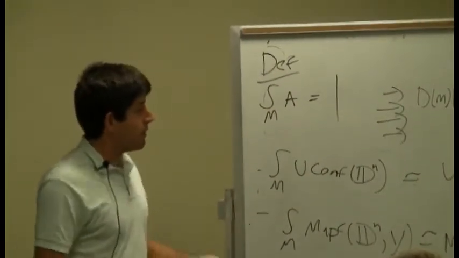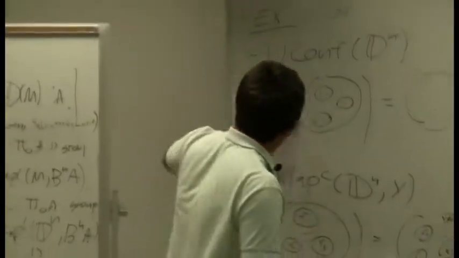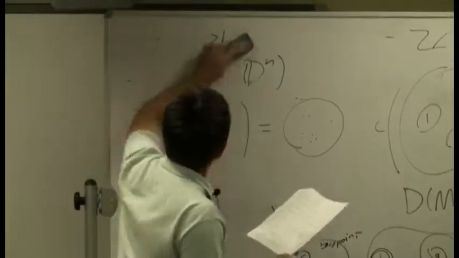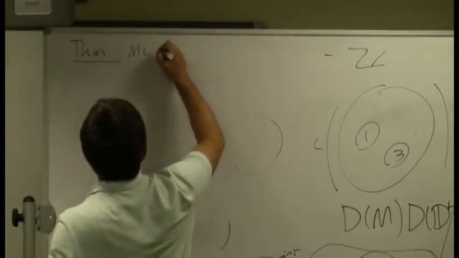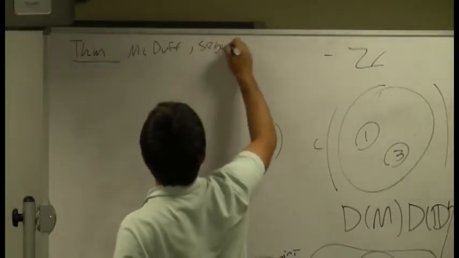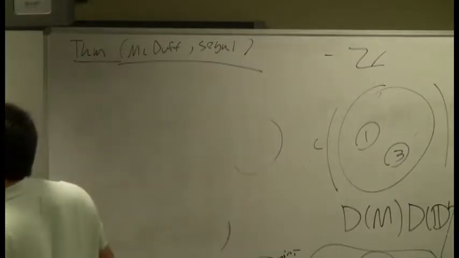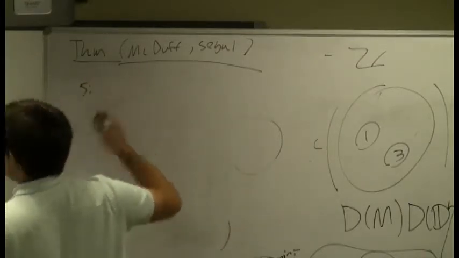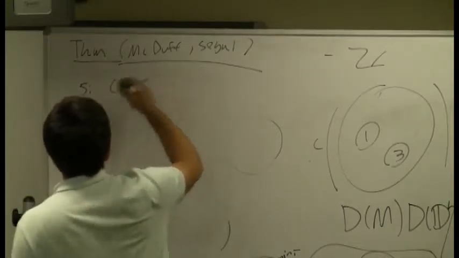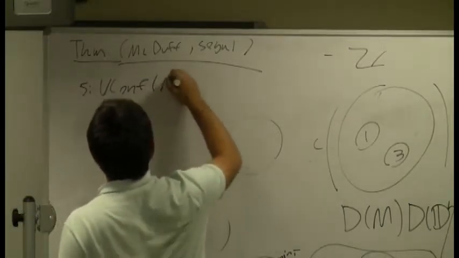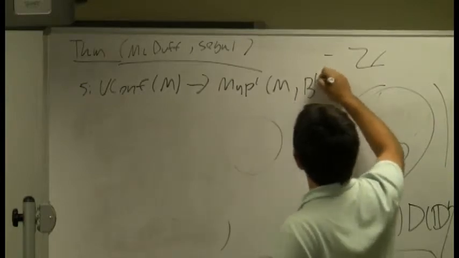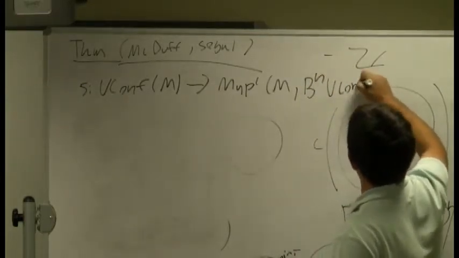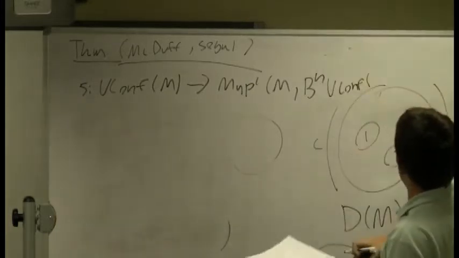Dold and McDuff and Graham Segal have a theorem, or combining two papers, that the scanning map from uconf M to the space of compactly supported maps from M into uconf of the disk.